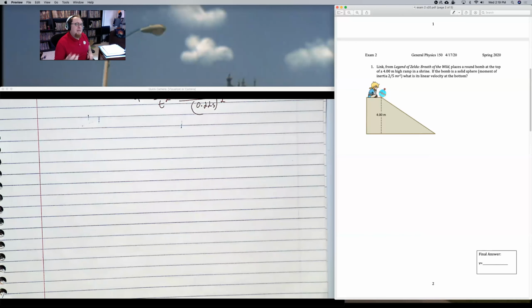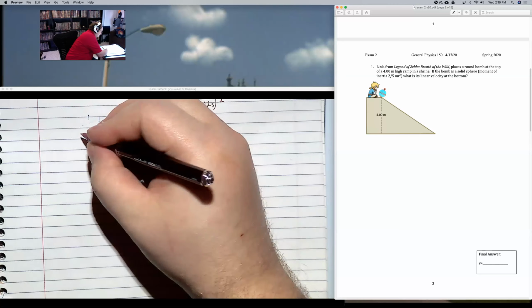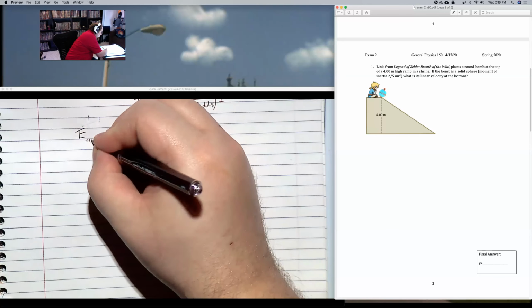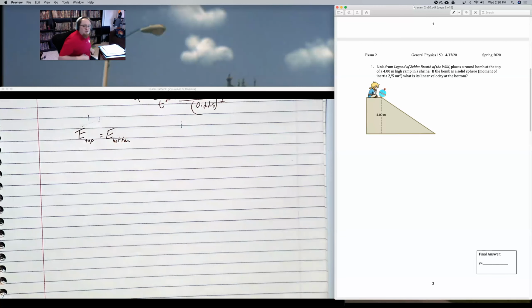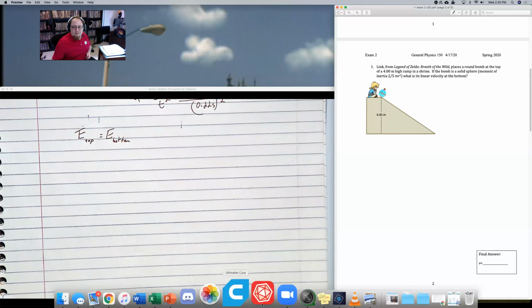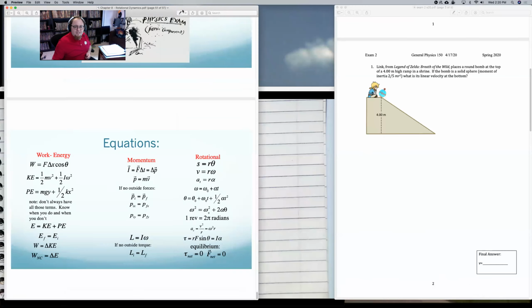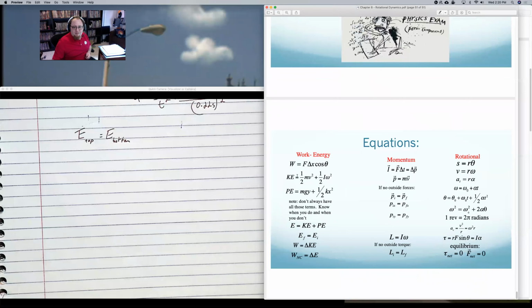Conservation of energy is that the energy in one spot equals the energy in another. In this case, the energy at the top of the ramp equals the energy at the bottom of the ramp. Energy has four different terms: linear kinetic, rotational kinetic, gravitational potential, and spring potential.